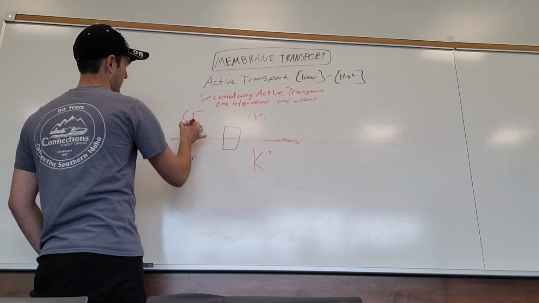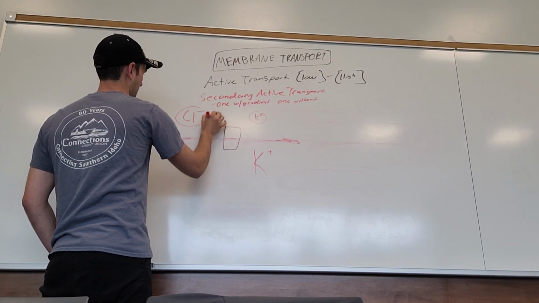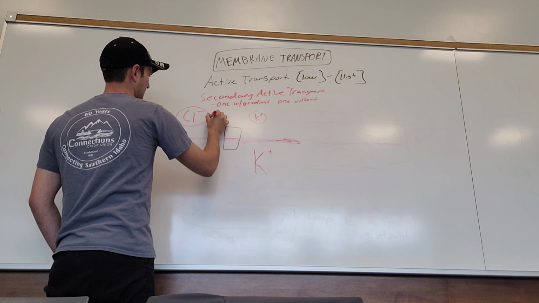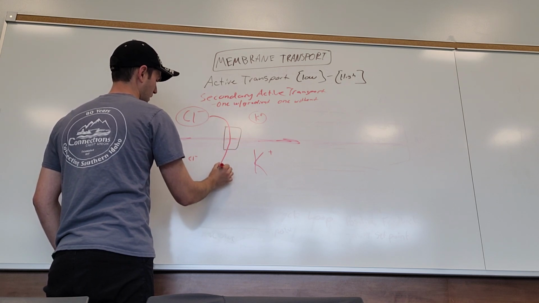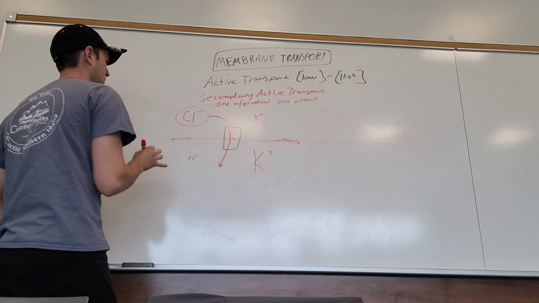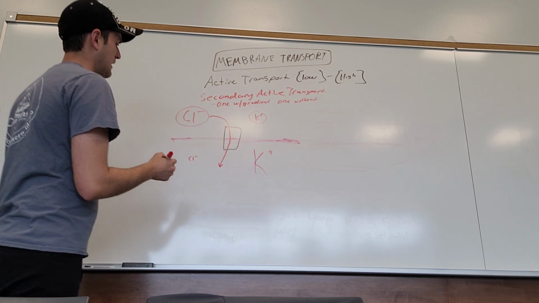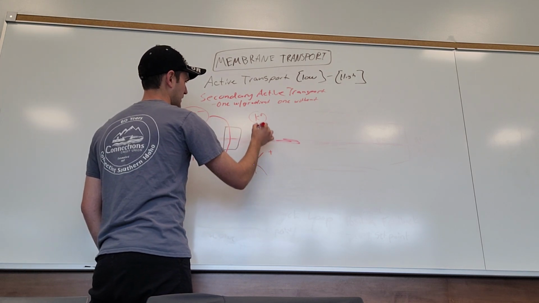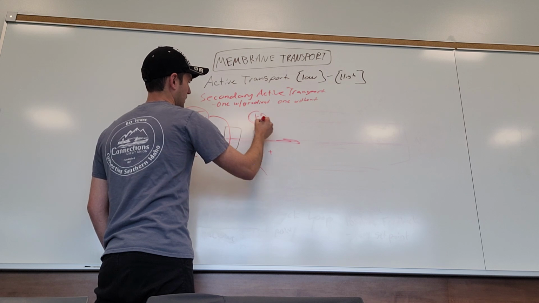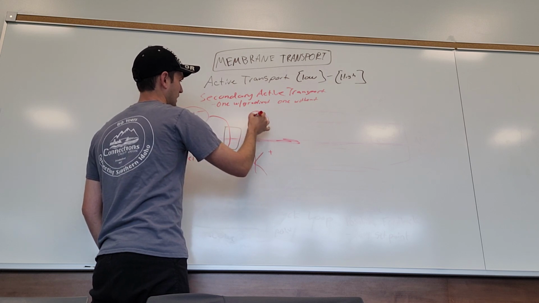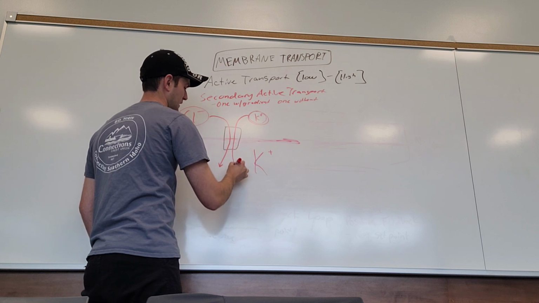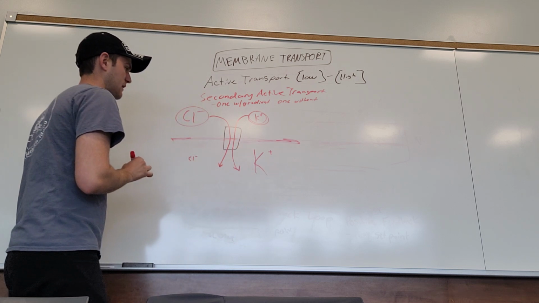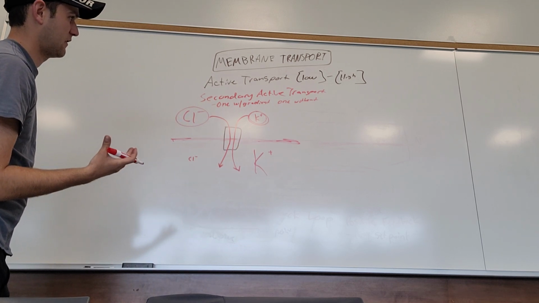Our chloride is going to go from its high concentration to its low concentration. And the energy produced from that gradient movement is going to be enough energy that we can move our potassium from outside the cell in its low concentration down to its high concentration inside. Okay, so that's the gist of secondary active transport.